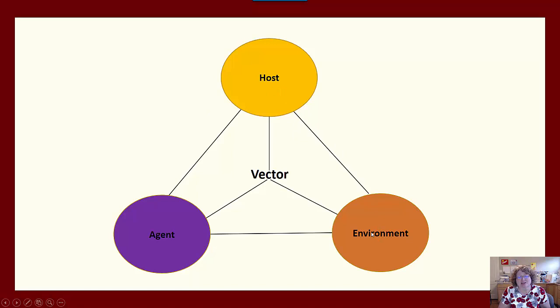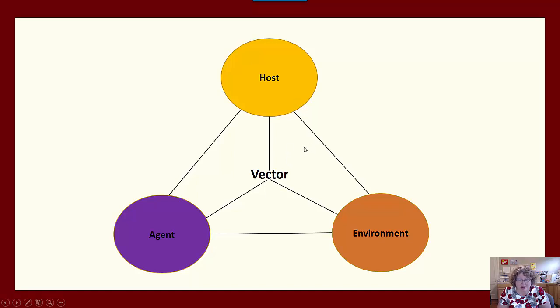You have a host, the environment, the agent, and then the vector. The host would be the person who is ill, and the agent is the causative factor, and then the environment are the external factors that can contribute or cause illness.